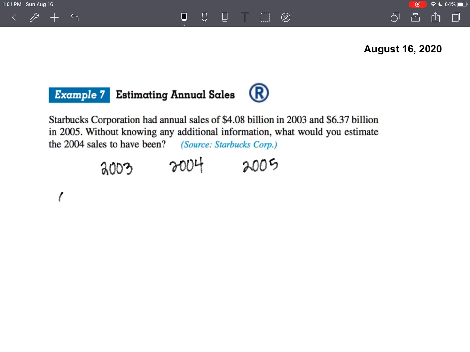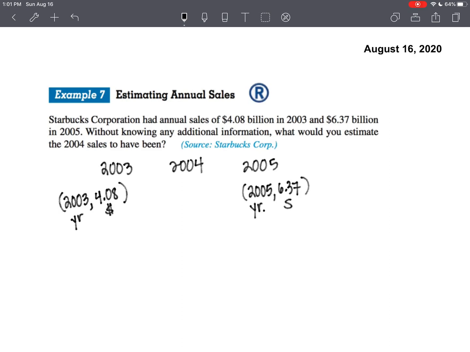So I would say you put in 2003 and you get $4.08 billion. So this is the year and this is the amount of money that they had in sales. In 2005, they had $6.37 billion.